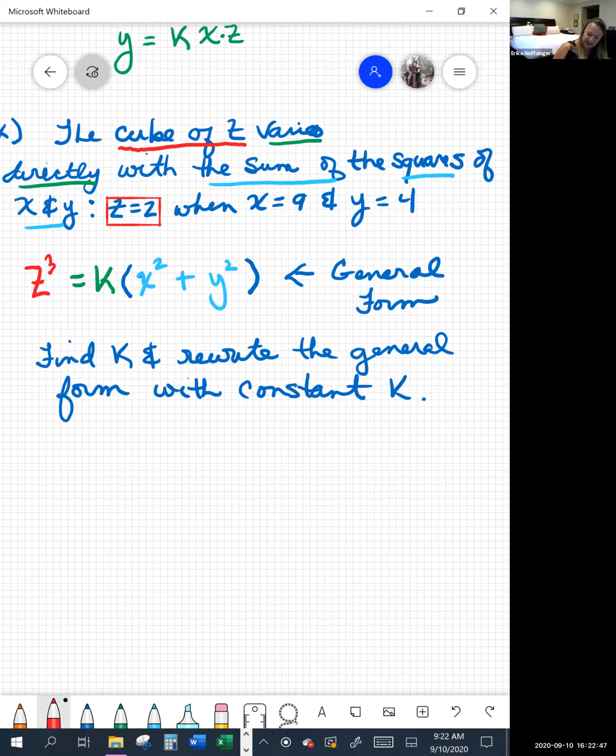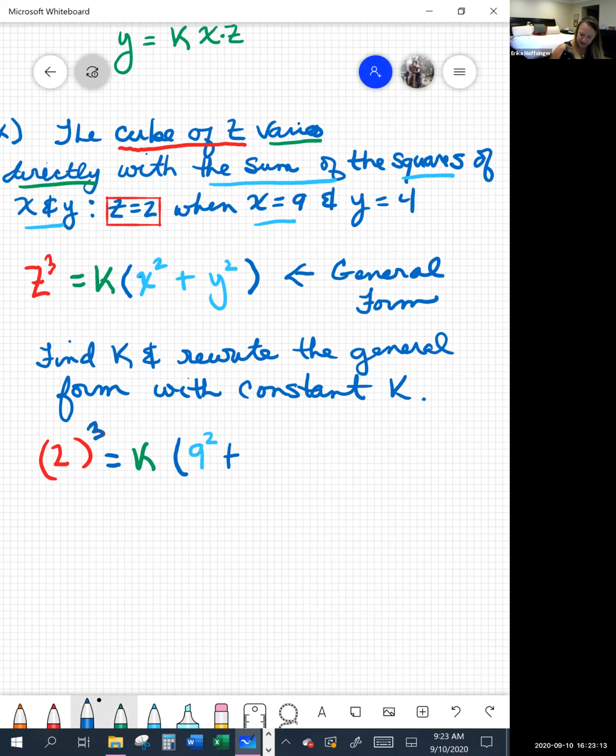So it's telling me to take 2, and then cube that. This is equal to K, which I'm trying to find, all times X squared. Well, X is 9, so 9 squared, plus Y squared, and Y is 4.